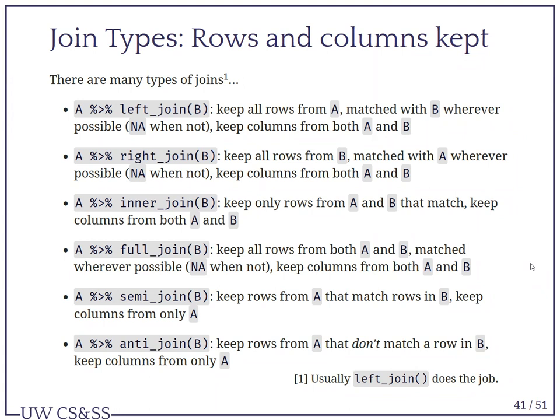My manufacturing data also included DC and Puerto Rico and Guam and Samoa, okay? But my elections data does not have those. So when I joined it together, it's going to drop DC and Guam and Puerto Rico and Samoa because it's not matching my main data set. So that's the logic of the left join: I have one data set that's my main bag. And when I join something to it, it's going to drop the stuff from B that doesn't match. And it's going to keep the columns from both, okay?